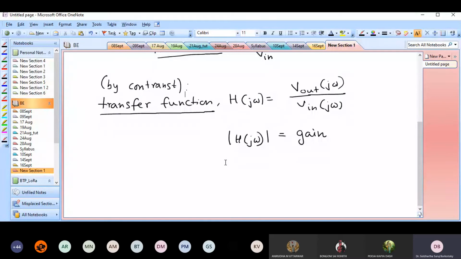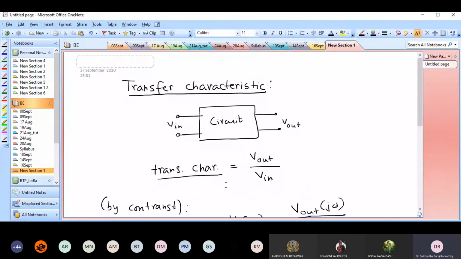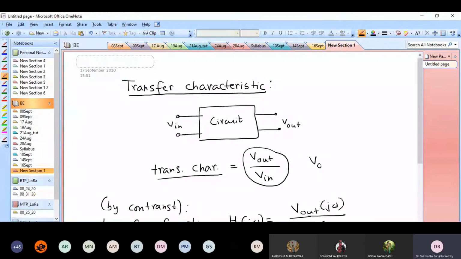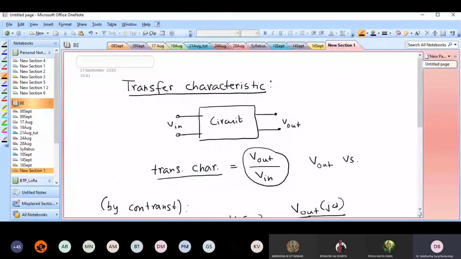So normally what we would like to do is plot the transfer characteristic. Actually, it's not even the ratio. I should make it clear. The ratio is just of interest, but transfer characteristic is better said as just V out versus V in.